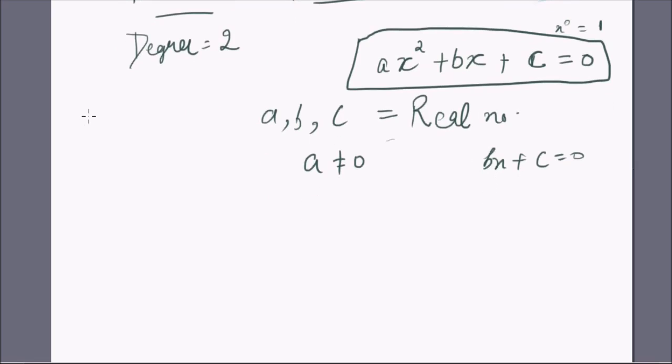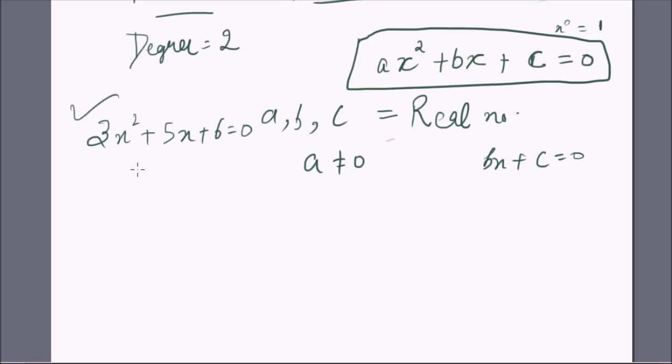Let us have some numerical examples. That is, 3x square plus 5x plus 6 equal to 0 is clearly a quadratic equation.